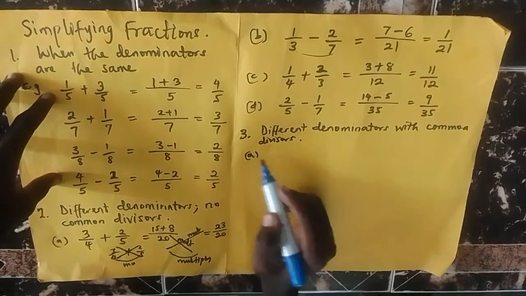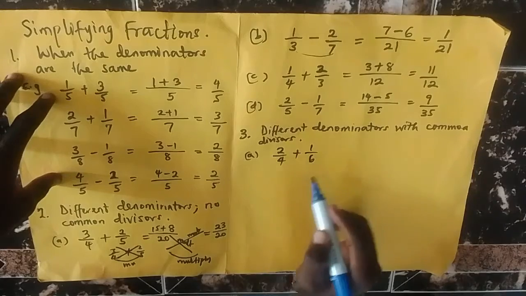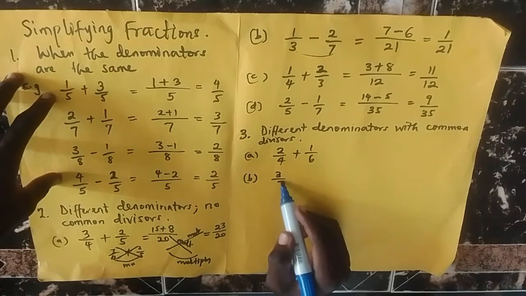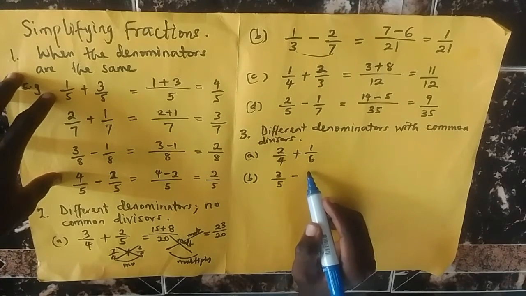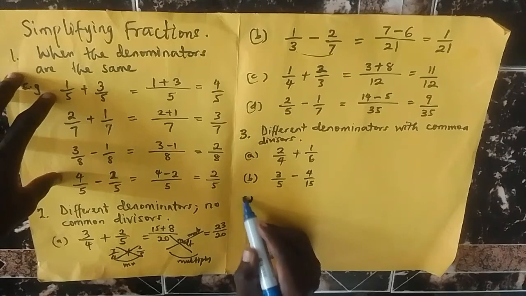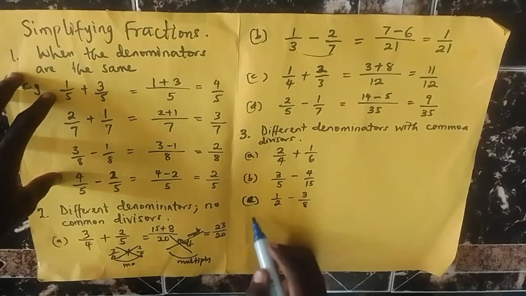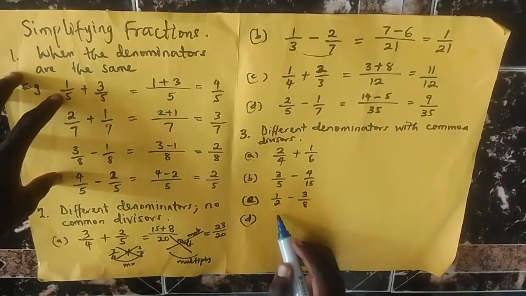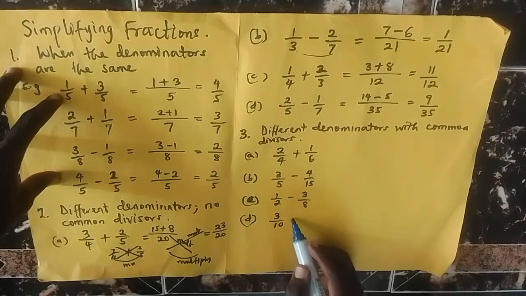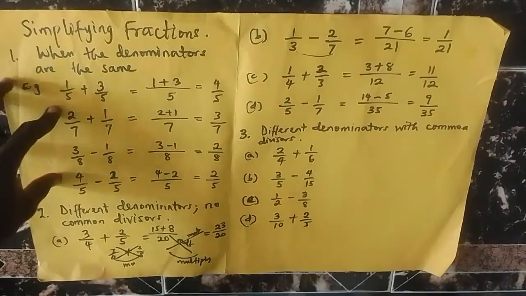Say A, you can have 2 over 4 plus 1 over 6, and B, you can have 3 over 5 minus 4 over 15, and C can have 1 over 2 minus 3 over 8, and D, you can have maybe 3 over 10 plus maybe 2 over 5. Let's leave it this way.